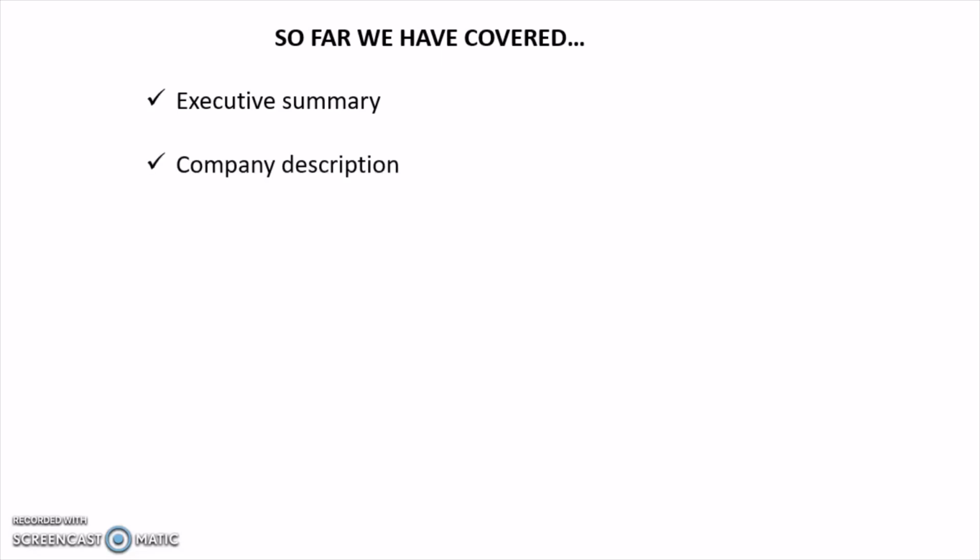Then we also talked about the company description, which should give more information about your company and you, the owner, in detailed information about what the company is about, the name of the company, the location, incorporation status, and all that. So if your business is not registered, then you also need to state that the business is not registered.